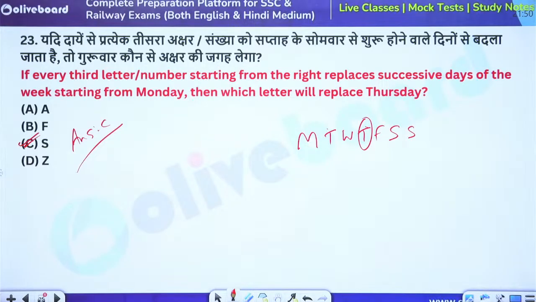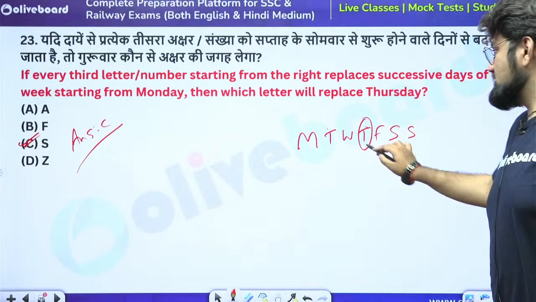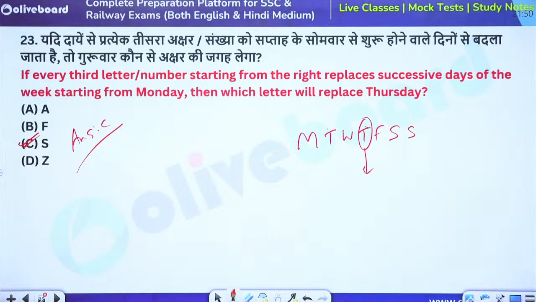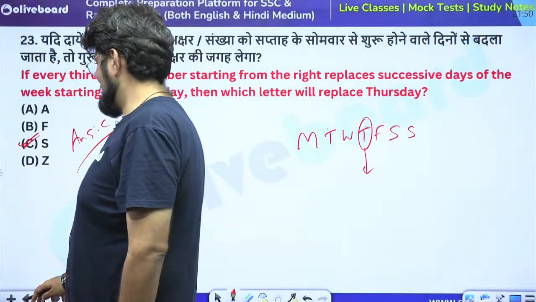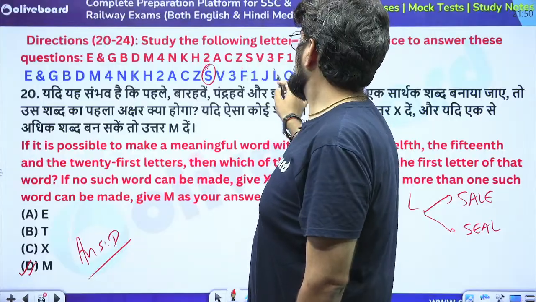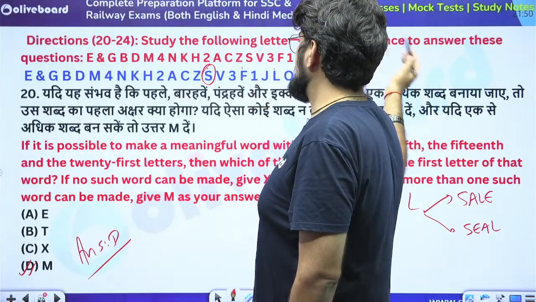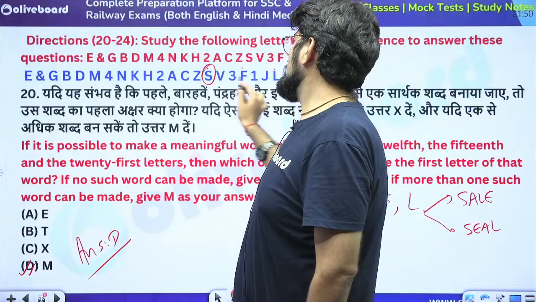So in my series, if I am replacing every third letter starting from the right end with M, T, W, T, F, S, S, then Thursday will be replacing which letter is what they are trying to ask us. So then I can simply count here and get my answer. Or I could have simply seen every third letter and I know Thursday will come on the 4th position. So 4 into 3 is 12. I could have simply counted the 12th letter also.